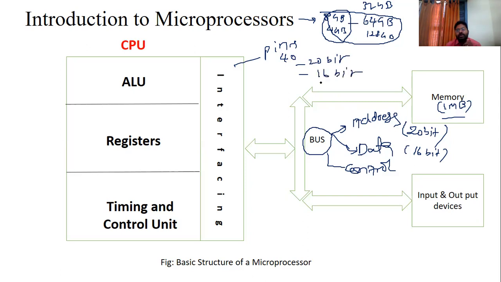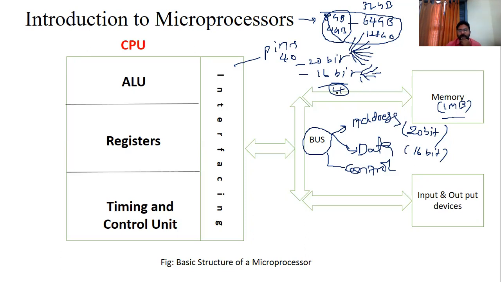The remaining, 40 minus 36, is only 4 pins available. One pin indicates one bit. So 20 pins are used for the address, and 16 pins are used to connect the data to the memory devices.